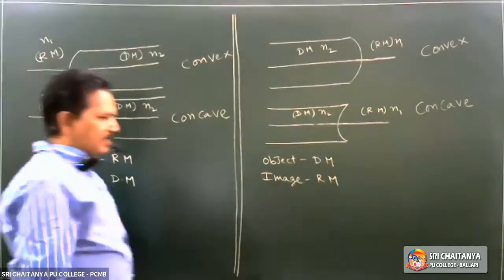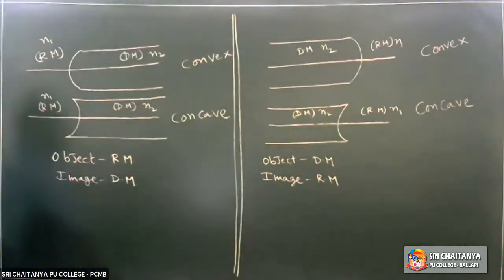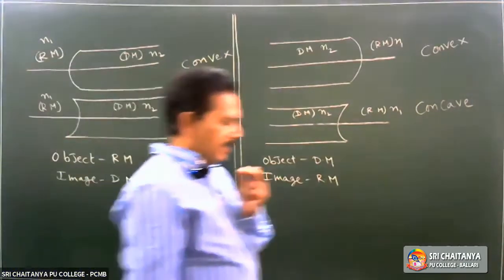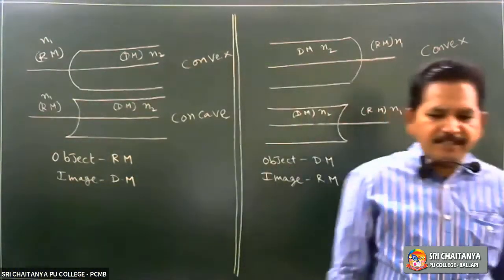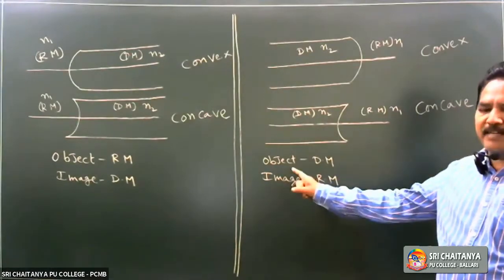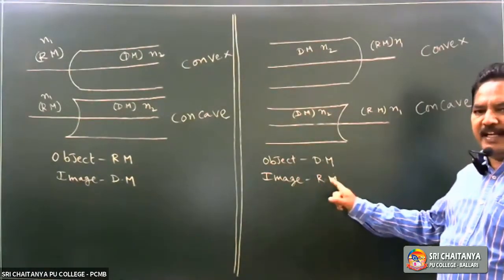Only two formulas. Refraction at the spherical surface, two cases: case 1, object in the rarer medium, image in the denser medium; case 2, object in a denser medium, image in a rarer medium.